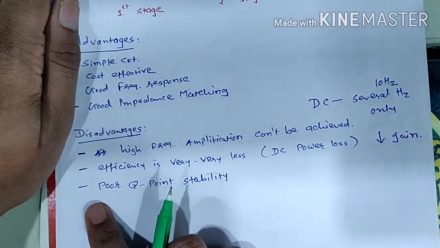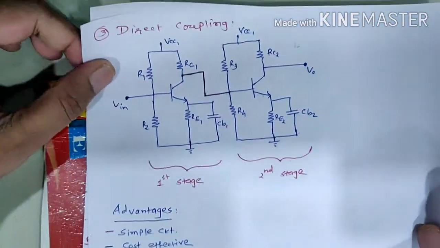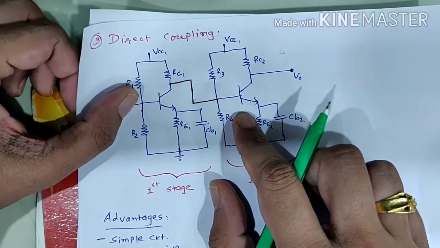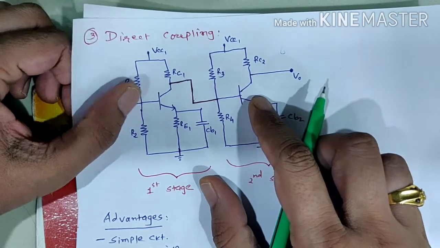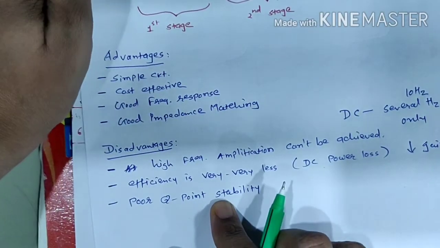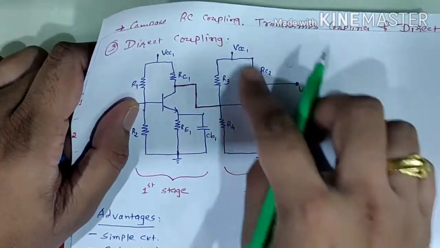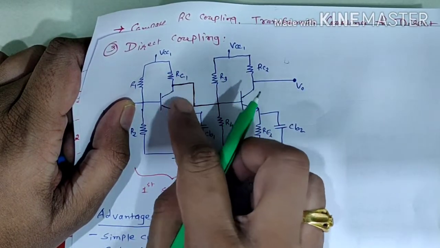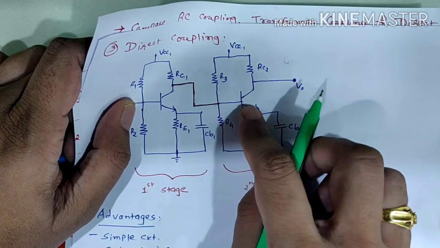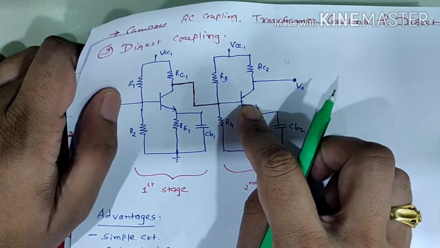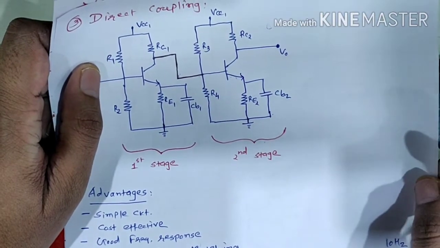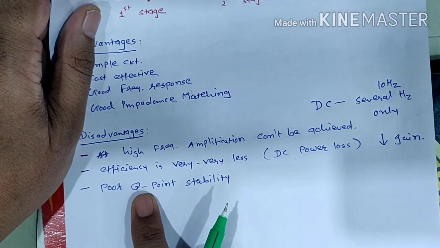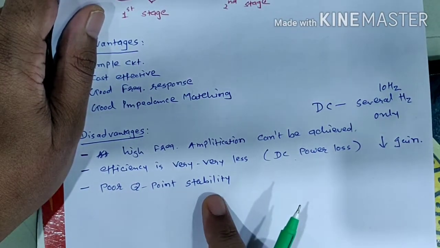Now we discuss that if DC is not isolated in this particular technique, the Q point of the second stage will change. Okay, why? Because it will affect the biasing condition of the second stage due to the DC of the first stage entering into the second stage, so the biasing level will shift, and you can say the Q point will shift, so the Q point is not stable.